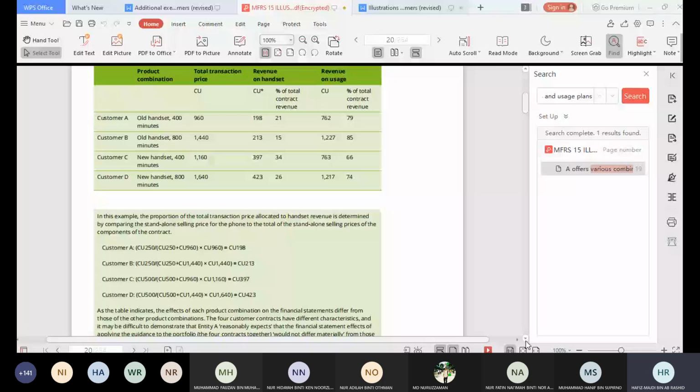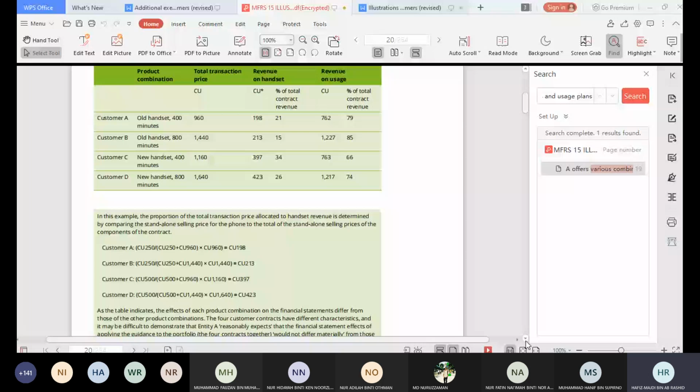So the numerator in calculating the transaction price allocated for the old handset is 250 divided by the total price, 250 plus 960, then you multiply by the total transaction price of 960. So that's why you get 198. Of course the remaining will be allocated to the usage plan.